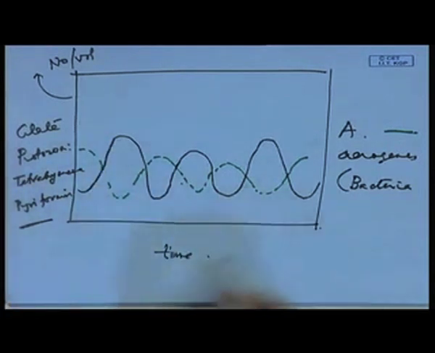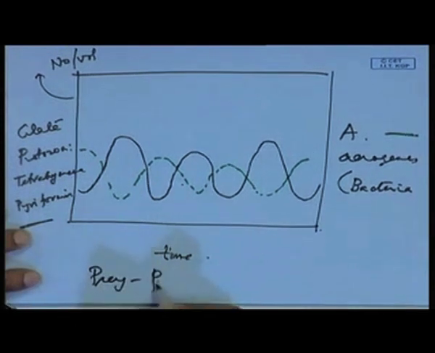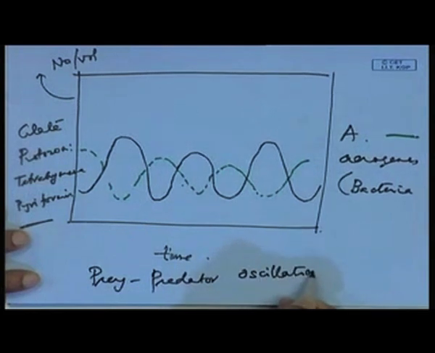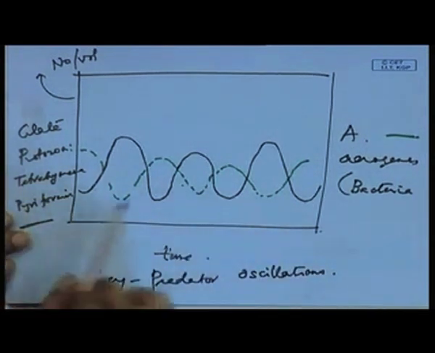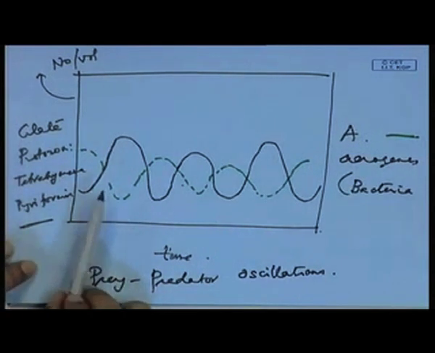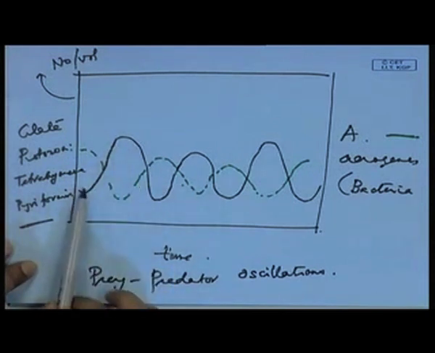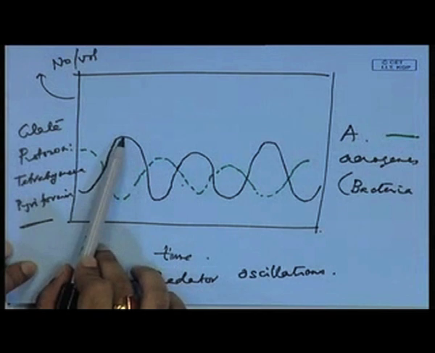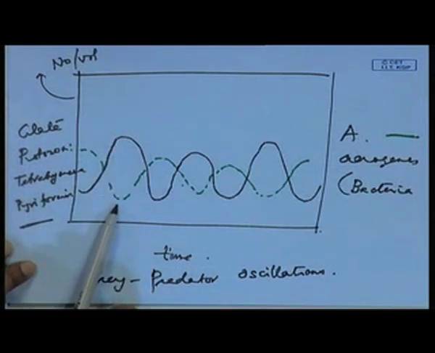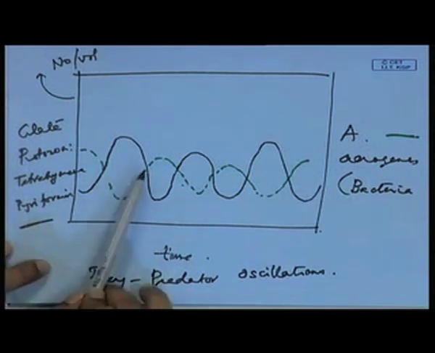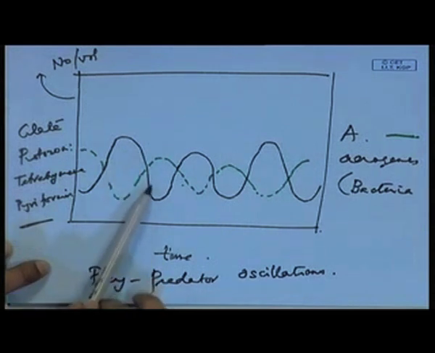Okay. And this is known as prey predator oscillations. Why does this happen? Let us try and understand this qualitatively. So, let us say that one is a prey and the other one is a predator. When the predator population goes up, it goes up because it is consuming the prey. As a result, the prey population has to go down. Now, as soon as the prey population goes down, there is less food for the predator, and as a result, the predator starts to die.